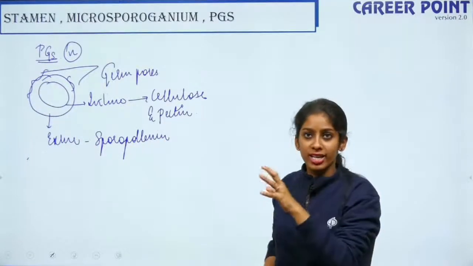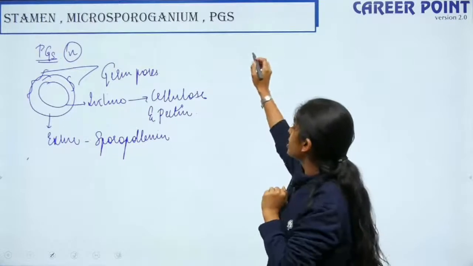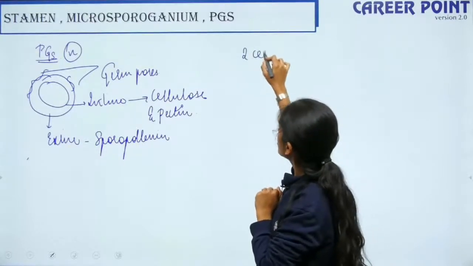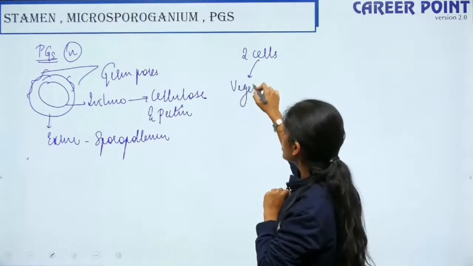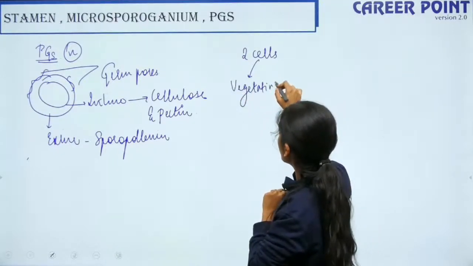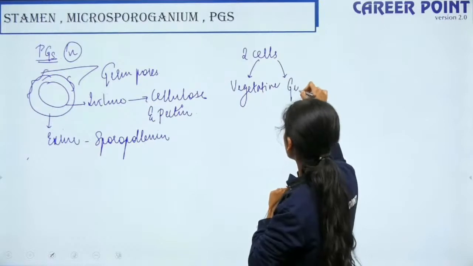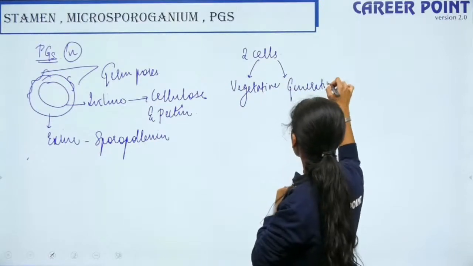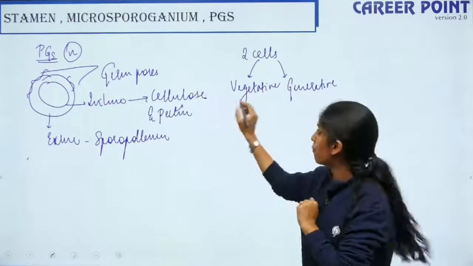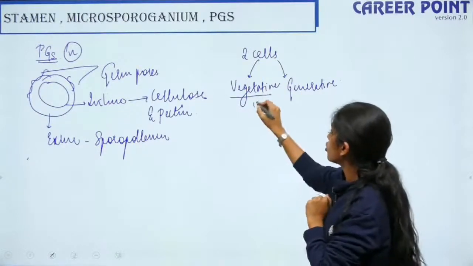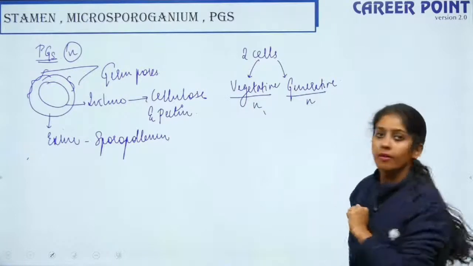When the pollen grain is mature, it consists of 2 cells within itself. What are the 2 cells of the pollen grain? One is your vegetative cell, the other one is your generative cell. Pollen grain itself is haploid, so these 2 cells will also be haploid.